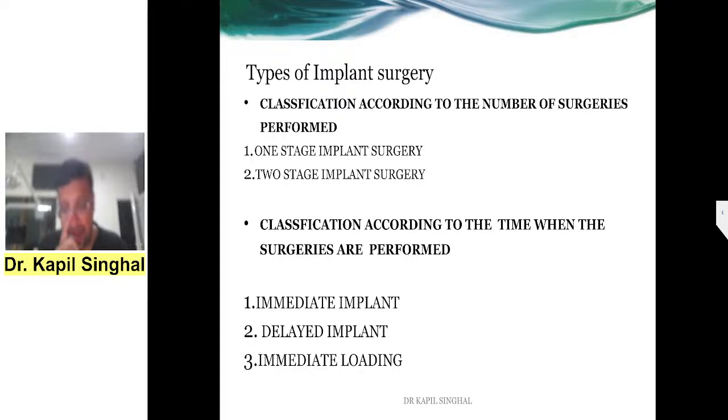That is why after 48 to 72 hours, the osteoclastic cells start resorbing that bone, so your implant becomes slightly unstable. So whatever prosthesis or immediate loading needs to be done over your implant should be done within this time frame.